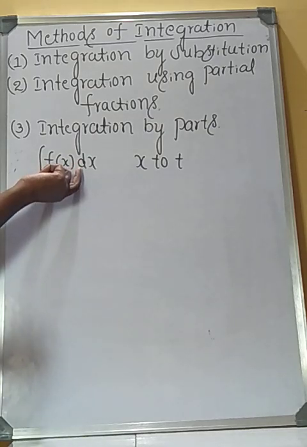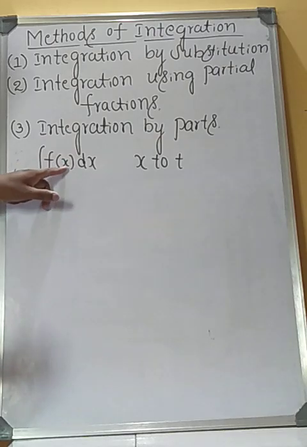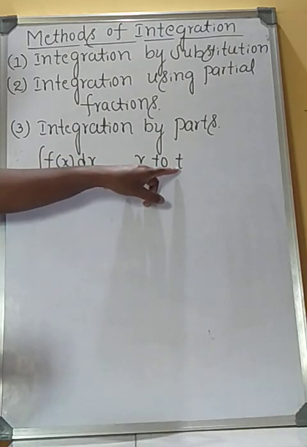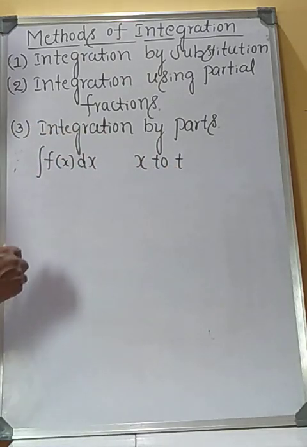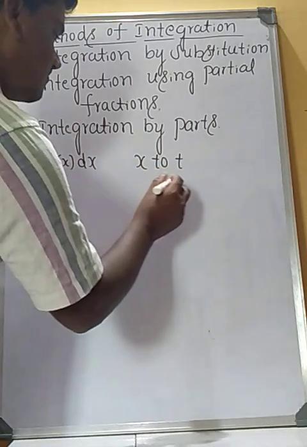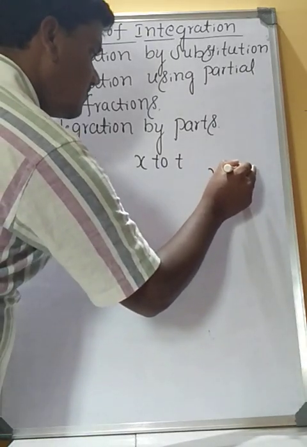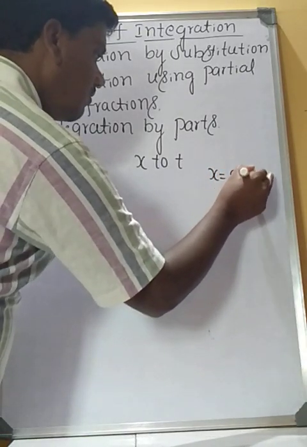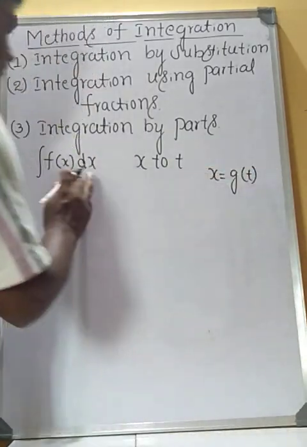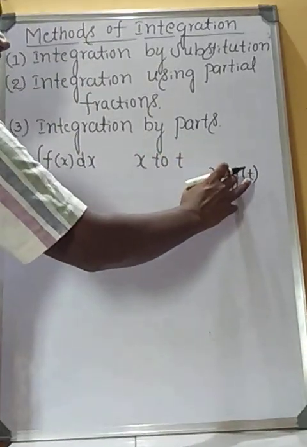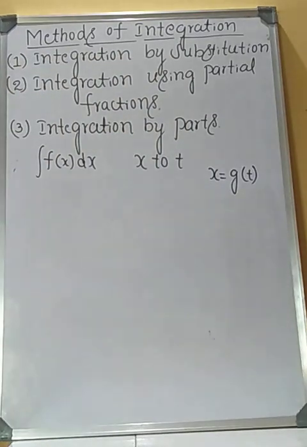The given integral of f of x dx can be transformed into another form by changing the independent variable x to t, by substituting x equal to g of t. f of x is a function, g of t is also a function.